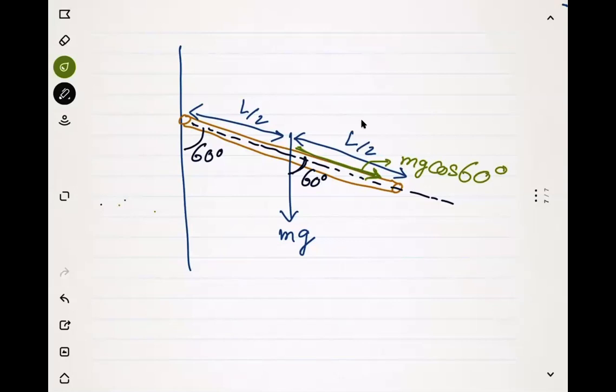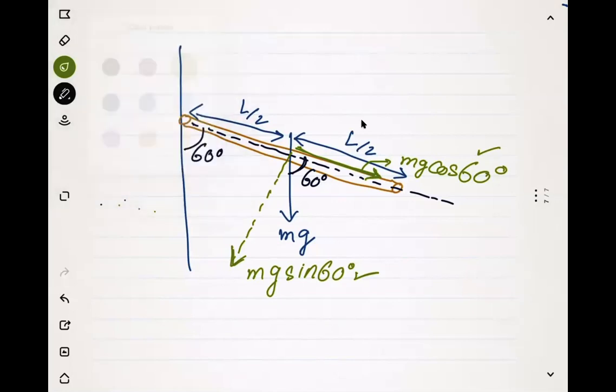The other component that is perpendicular to the rod right now, it is this one. So this component would be mg sine of 60. The component that is along the rod or along the distance is to be ignored. The component that is perpendicular to the distance is to be taken.